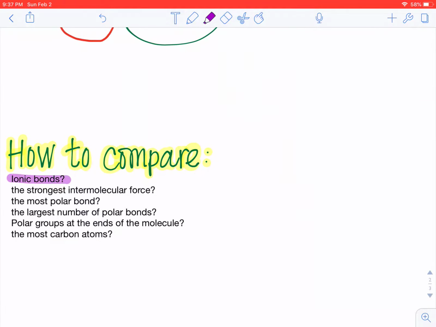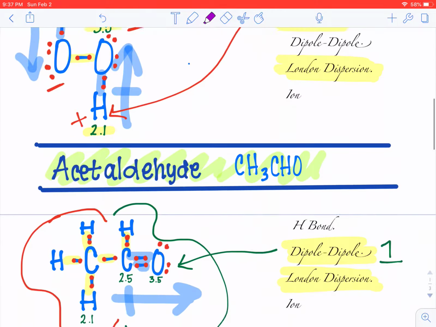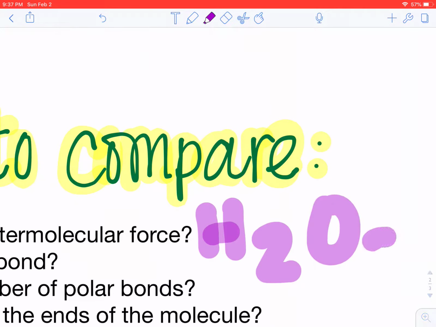In this case, we know that there are 2 hydrogen bonds in hydrogen peroxide, and none in acetaldehyde. We know that hydrogen bonds are stronger than dipole-dipole, and they are also stronger than London dispersion forces. So far, H2O2 is going to win that battle.